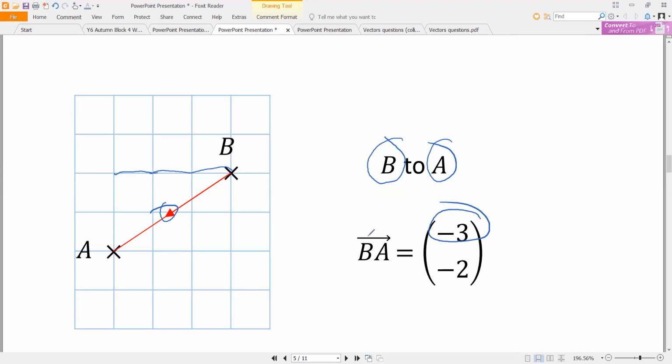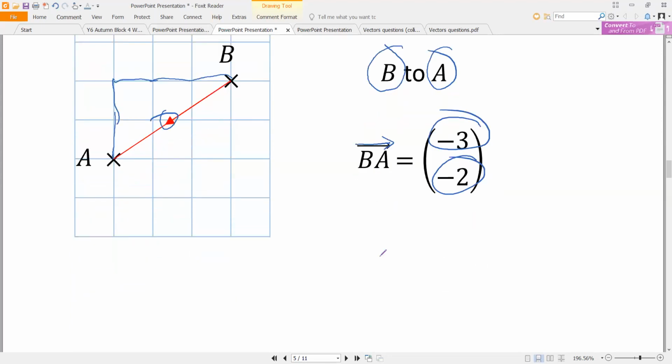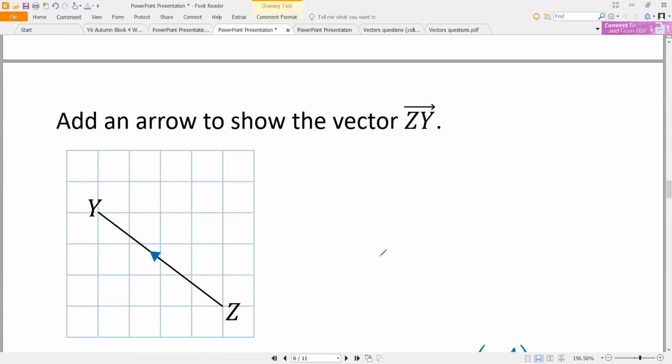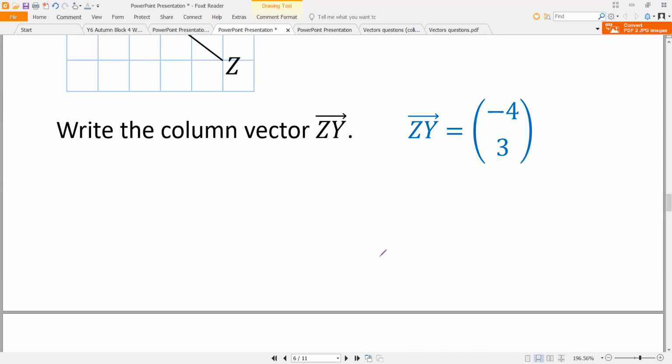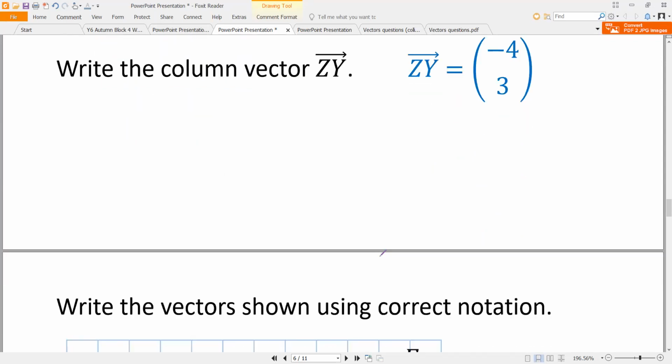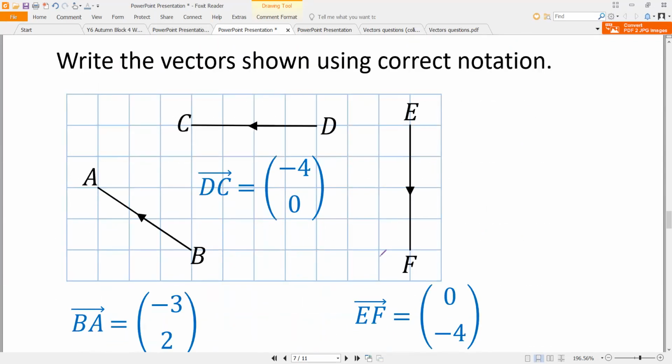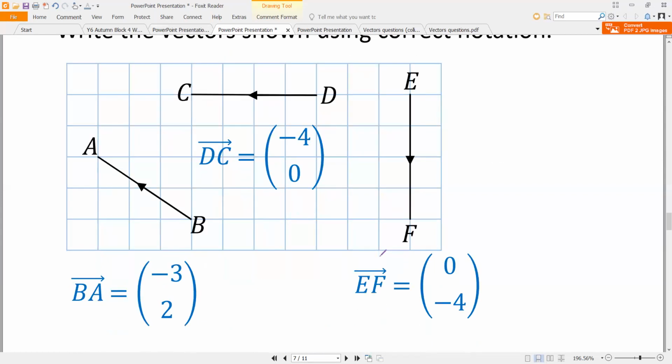So you can see from B to A, the x-axis is -3, and you're going down, 1, 2, -2, down. So there's no big deal in vectors. You only need to understand how to represent them using the direction and then using the lines. So I could just draw a line for you and ask you to describe a vector that represents the line.